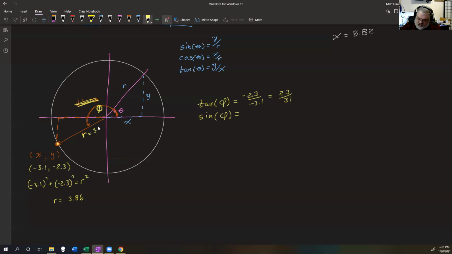So if that radius is 3.86, then our sine would be negative 2.3, our y value, divided by 3.86. I don't know what I'm doing wrong. I got 7.13. What did you get when you squared the 3.1 and the 2.3? 50.84, and that's way too large.